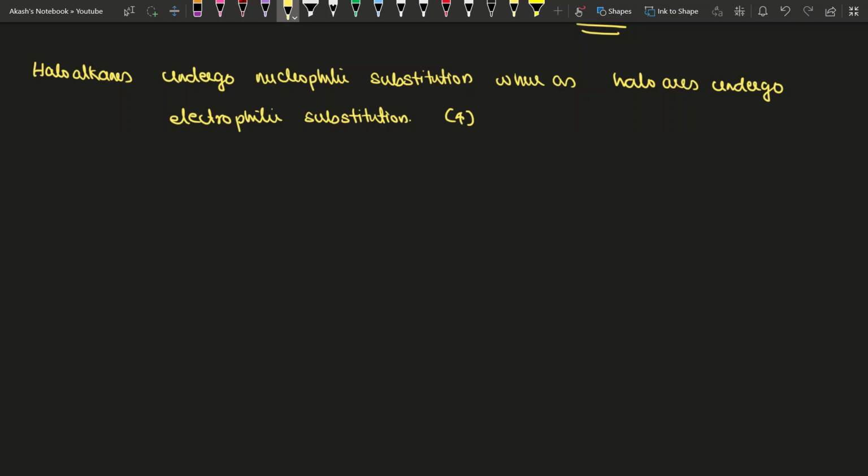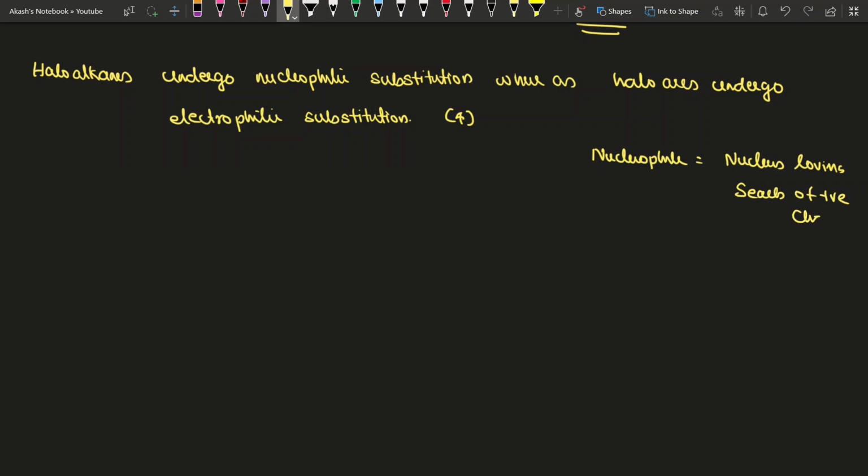Before going into it, we need to understand the difference between a nucleophile and an electrophile. A nucleophile is basically nucleus loving. It will be in search of positive charge.